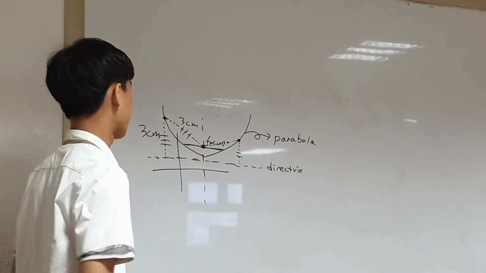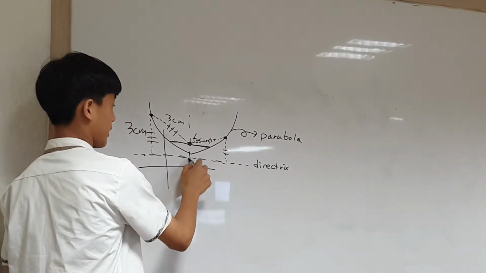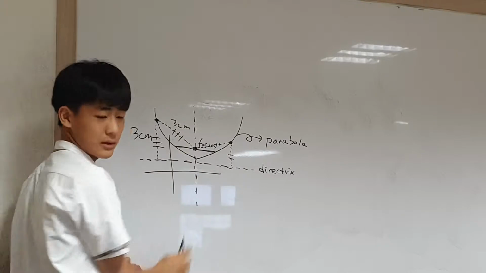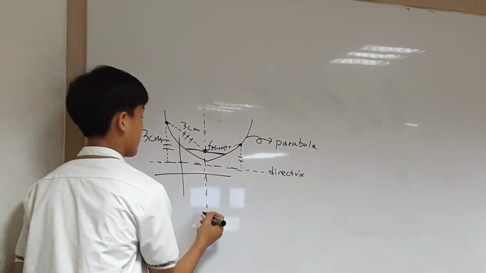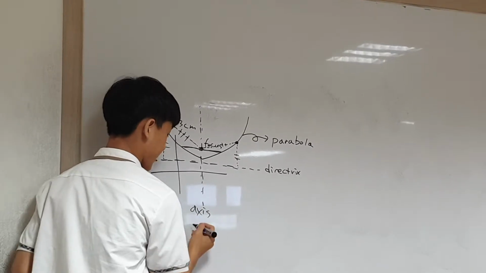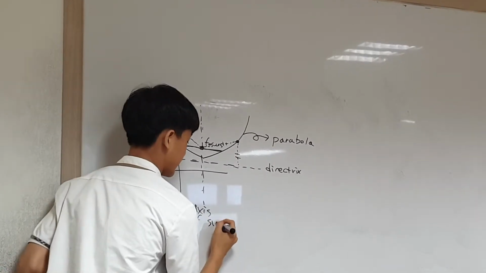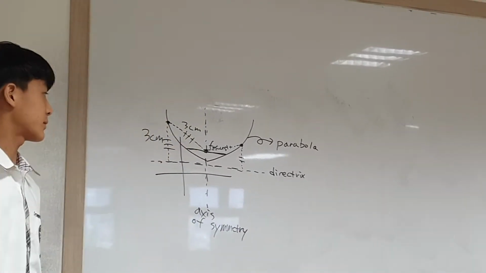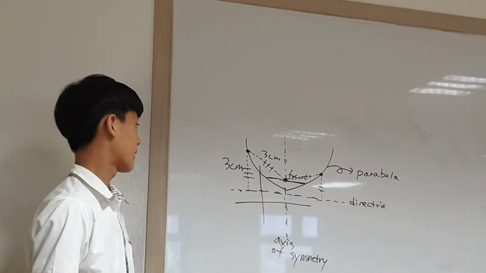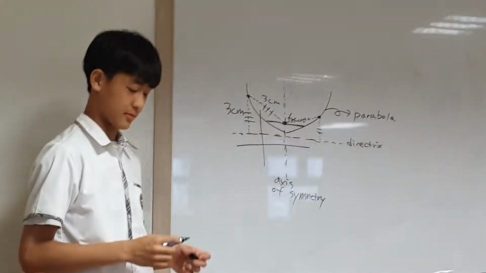This is the line of the axis of symmetry, so you better write this down too. The axis of symmetry. I think it's a little messy, sorry about that.